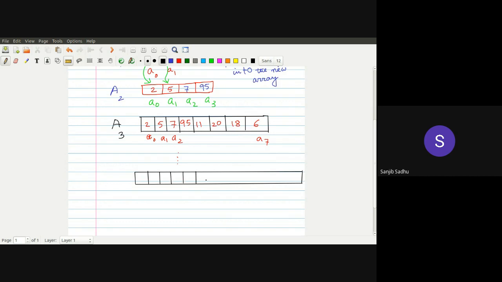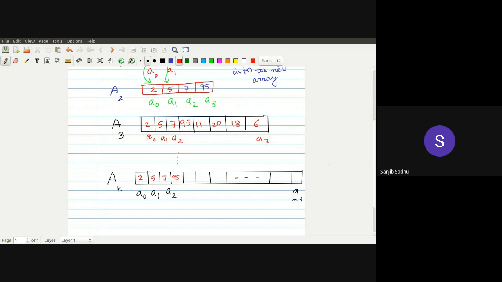These will be the elements, and this is AK, where the elements are A0, A1, A2, up to A(n minus 1). Total number of array elements is n, and here the elements are 2 5 7 95. You copy all the elements and you can store.